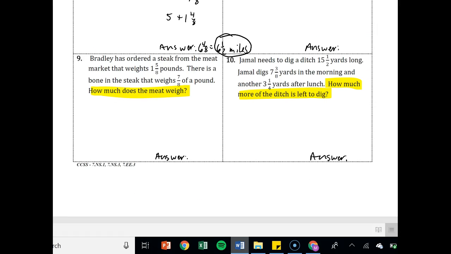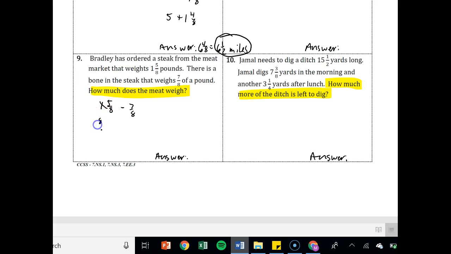And the last one I'm going to do with you, it says Bradley has ordered a steak from the meat market that weighs 1 5/8 pounds. There was a bone in the steak that weighed 7/8 a pound. How much does the meat weigh? So basically you want the weight of the meat without the bone. So this is a subtraction problem. 1 5/8 minus 7/8. So I can't do the 5/8 minus 7/8, right? That's going to give me negative. So this is where I do my borrowing, right? So basically if I borrow 1 whole from 1, it becomes 8/8, right?